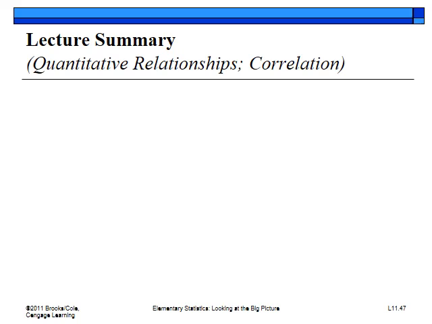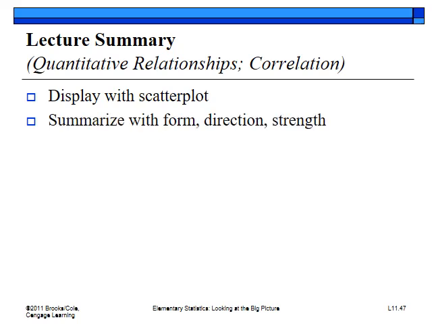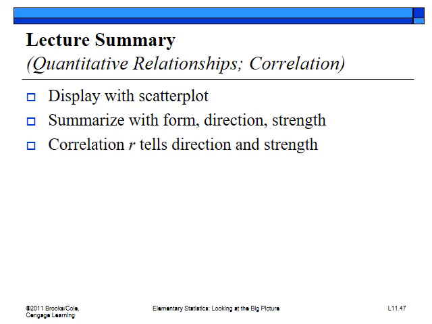So, to sum up, we looked at using a scatter plot to display a relationship between two quantitative variables. We talked about how to summarize the relationship using the form, the direction, and the strength. We talked about how R, the correlation, can tell us both the direction and the strength.